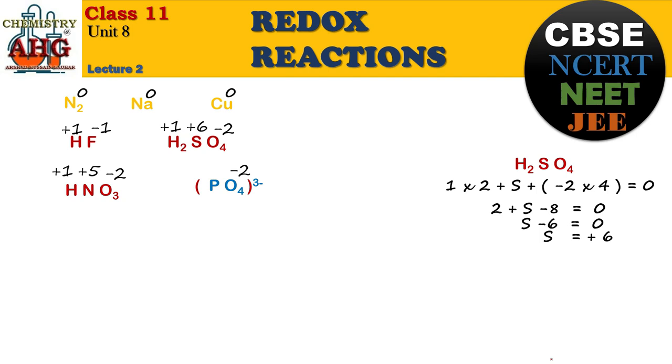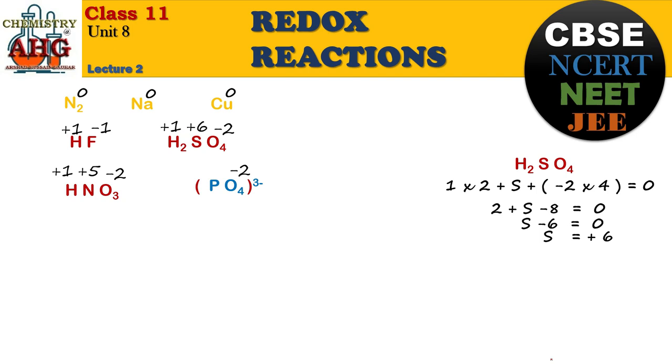So what is the total negative charge due to the presence of 4 oxygen atoms? -8. Now total charge is -8. If total charge is -8, what does this mean? Phosphorus, it has neutralized how much charge of oxygen? That still negative charge remains behind.